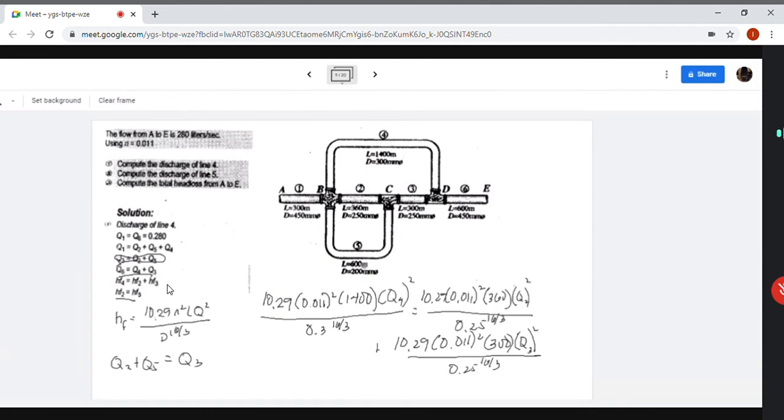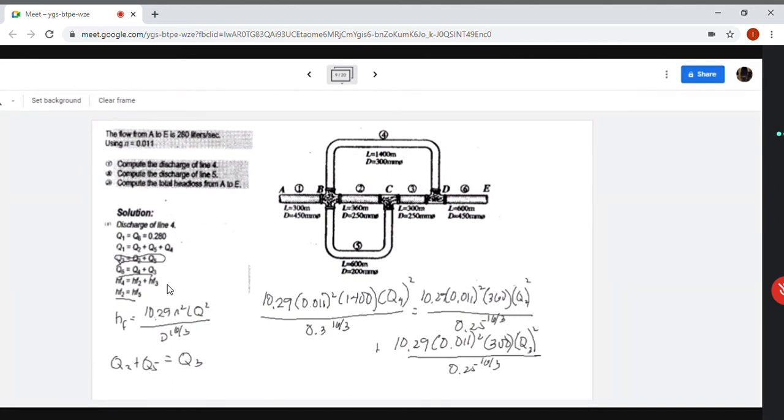29.011 squared times A times 1 over B to the 16 over 3. Calculate: 1400.3.